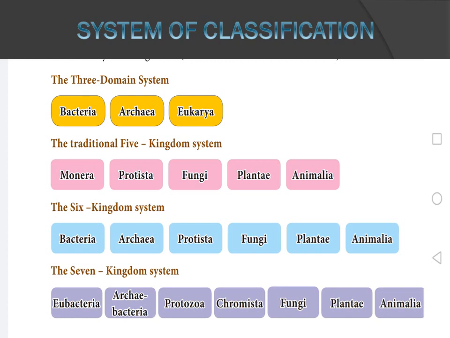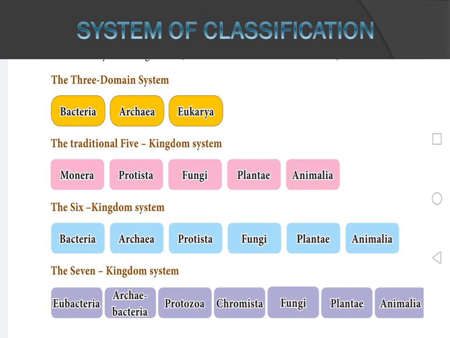Is it fine? Then again the same person, Carl Woese, classified this 5 kingdom as 6 kingdom. So what modification has he done? Monera he again splits into 2, bacteria as well as archaea, and the rest comes as it is: Protista, fungi, plantae, animalia. Then this 6 kingdom system was also revised by the next person, Cavalier-Smith, and he gave the 7 kingdom system.